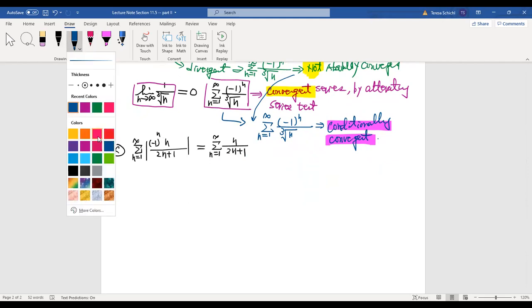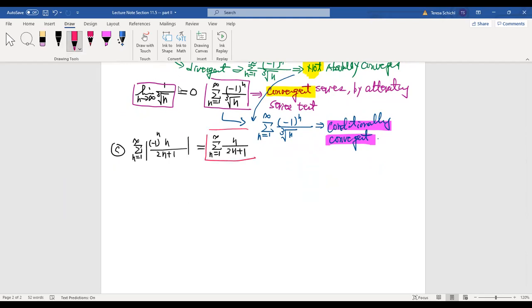So for this one, I know this series is divergent. Why? By the divergence test. Because the limit as n approaches infinity of n over 2n plus 1 is equal to 1/2. It's not equal to 0.